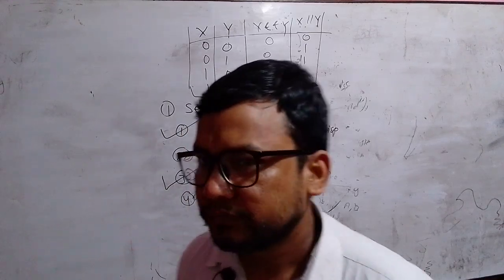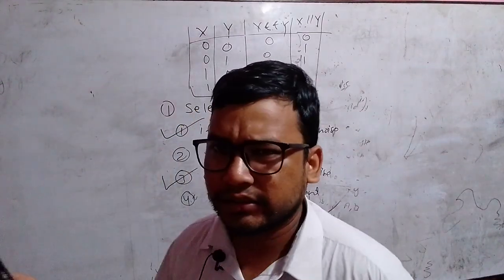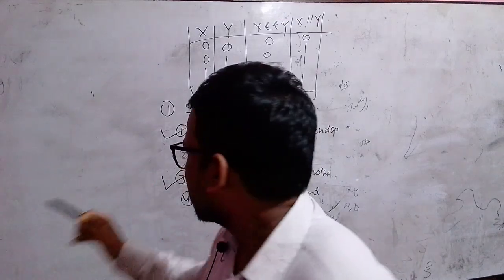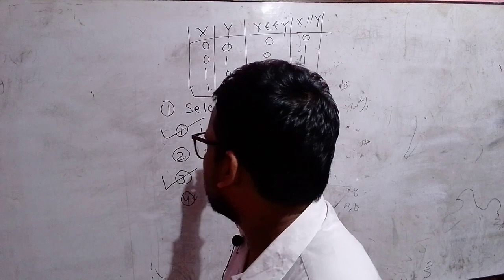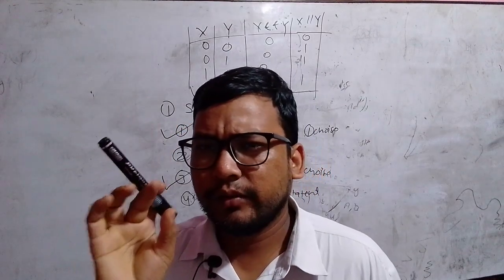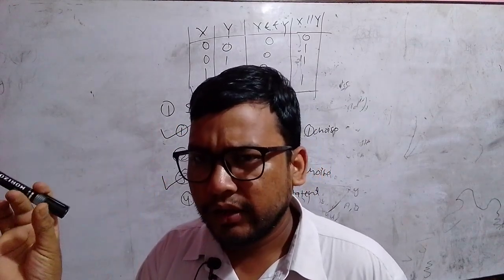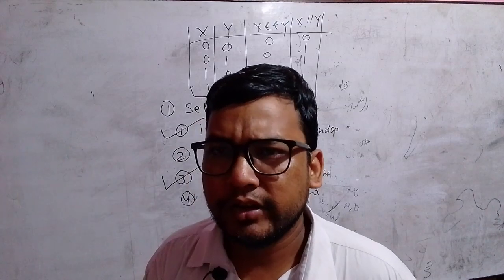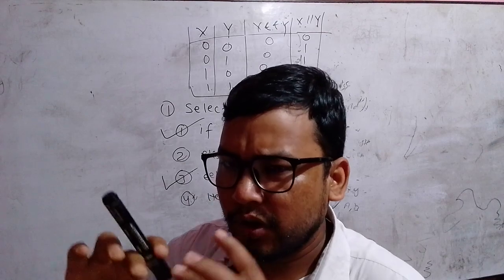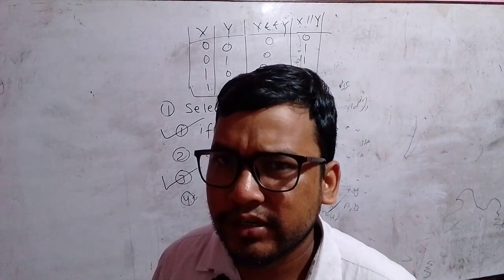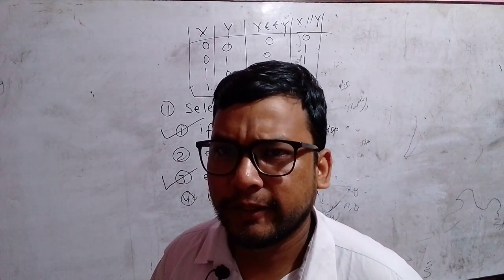That means the else if ladder also contains the if condition. To write the else if statement, first of all we need to write the if statement, and it comes along with a condition. If that condition is satisfied, then the block of statements of the if will be executed, and the others are skipped.